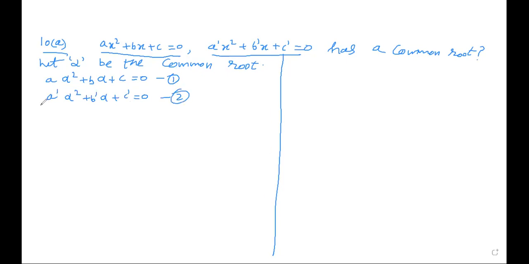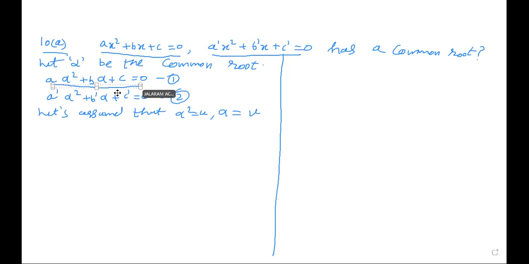Okay. Now if we assume that alpha square equals to u and alpha equals to v, so first equation becomes what? Au plus bv plus c equals to 0.